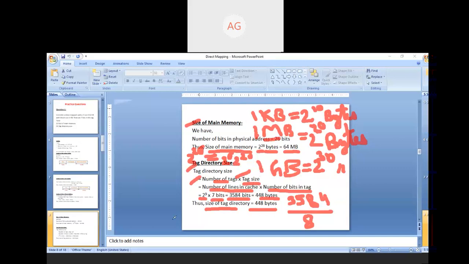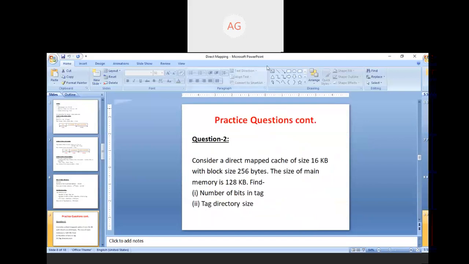So moving to the next question. The next question is this: consider a direct mapped cache. Once you are reading the question, just search for the word, whether it is related to a direct mapped cache, fully associative cache or k-way set associative cache.